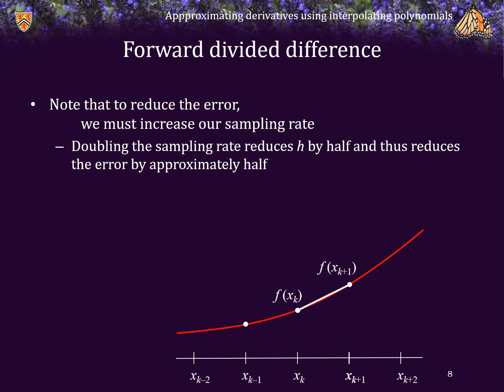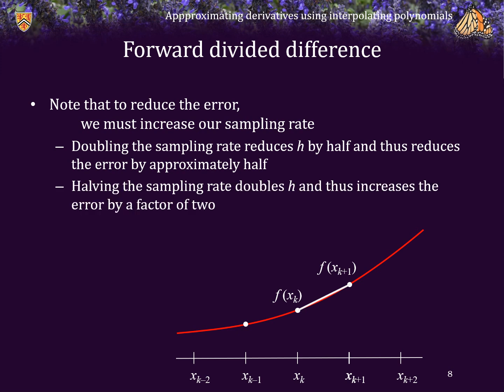For example, if we double the sampling rate, then the value of h, the distance or time between samples, is reduced by a factor of 2, and therefore the error of our approximation is also approximately halved. At the same time, halving the sampling rate, which is therefore cheaper, is going to double the value of h and thus increase the error by a factor of 2.